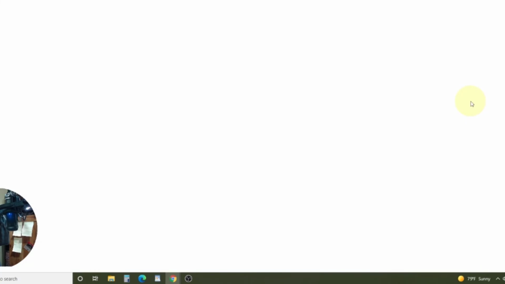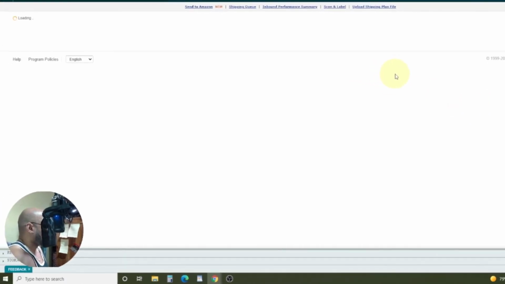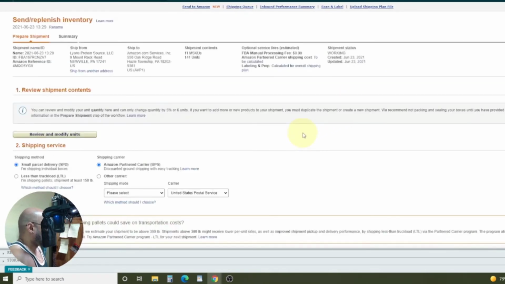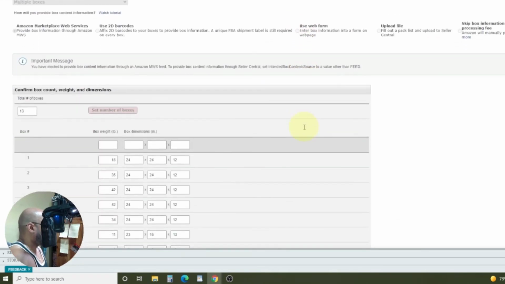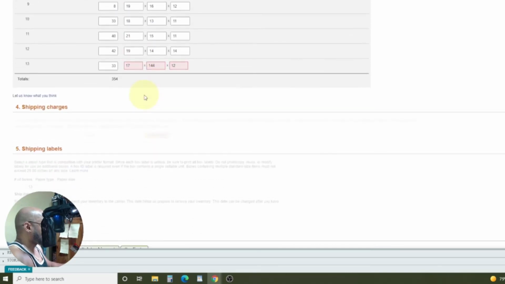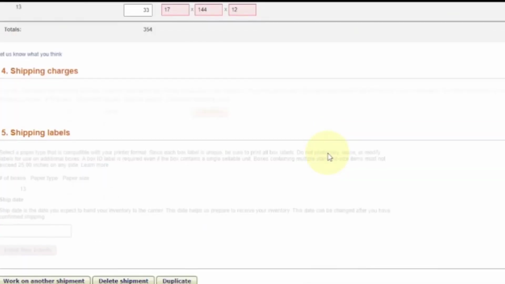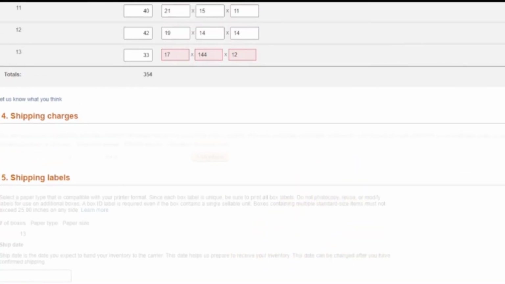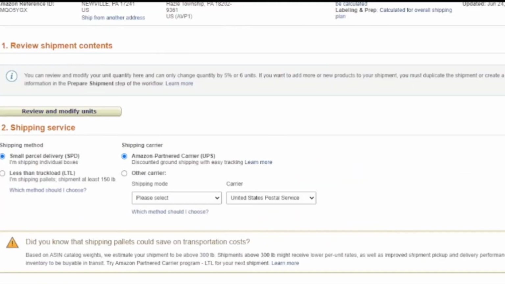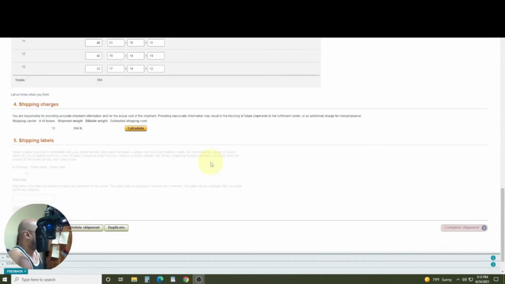Now, when you come in and work on that shipment, there's really nothing you need to do. We'll pull it up and everything should be in there. You look, everything's already in there. So, okay, from here, all you need to do is go ahead and calculate.